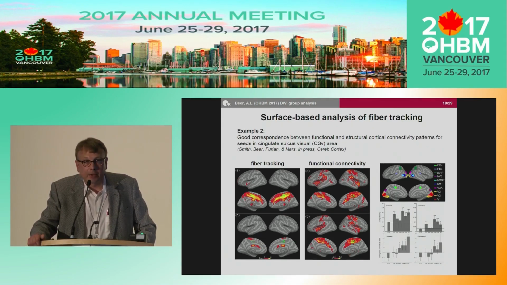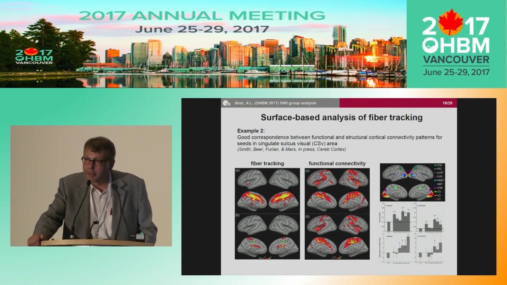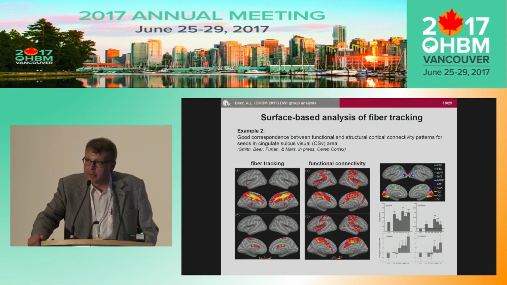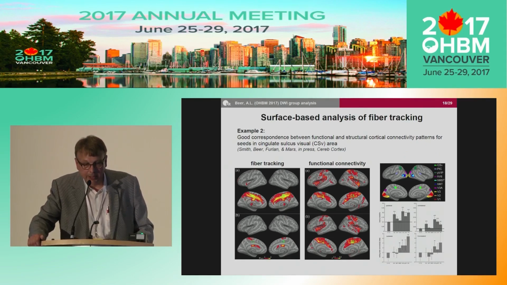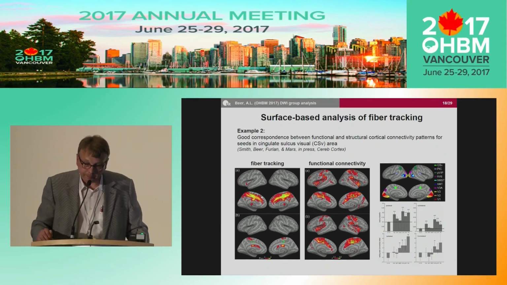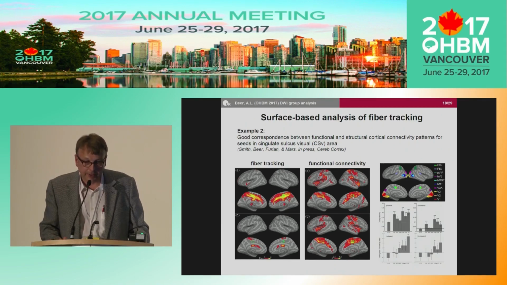It has not been described yet in the monkey. It was primarily examined in humans. And we wanted to know what's the connectivity of that brain area. So we performed structural connectivity, surface-based, and functional connectivity, seed-based and surface-based. And what you can see here is that there's quite good correspondence between the structural connectivity results and the functional connectivity results.